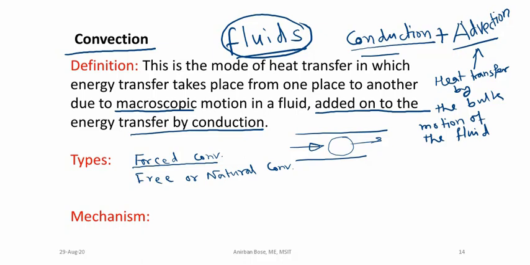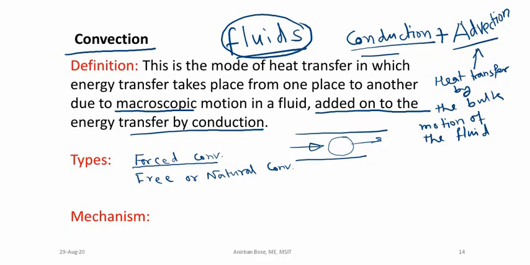By external agency I mean, for example, with the help of a fan, or a blower, we can create motion of air or other gases, or with the help of a pump we can create motion in liquids. If such external agencies are used to create the motion of the fluid, then the heat transfer in that case is referred to as forced convection heat transfer.